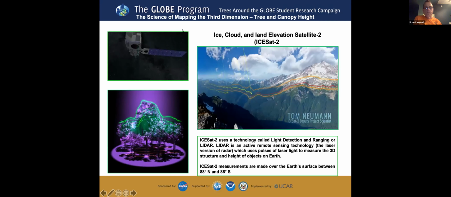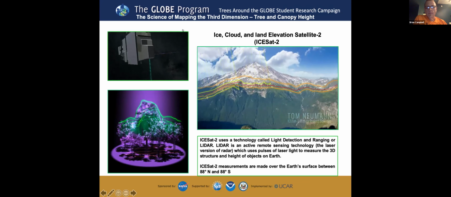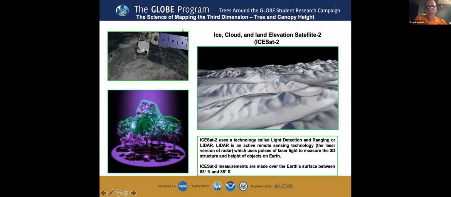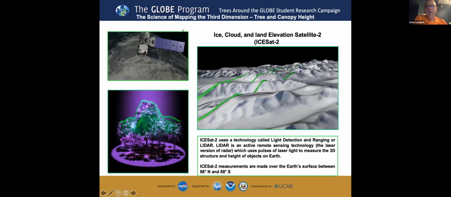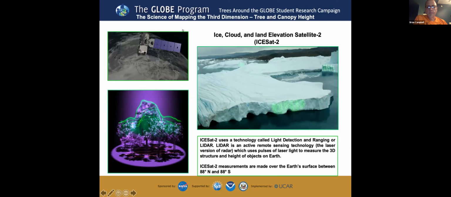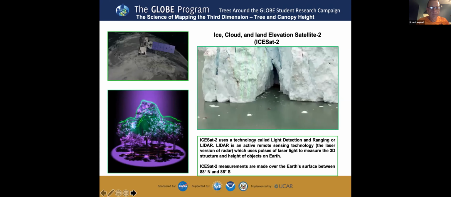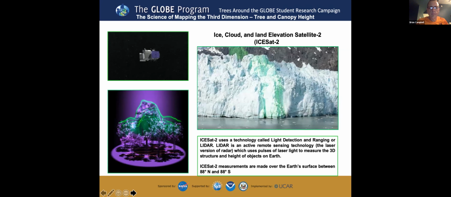Repeating measurements from ICESat-2 will allow us to measure changes in the ice sheets, in the ocean, or on land. ICESat-2 is designed to measure the changes that are going on in the cryosphere, in the polar regions. All the change is at the edges. Those are the steeply sloping parts of the glacier that interact with the ocean, and that's where all the action is. That's where all the mass is being lost. In order to estimate the mass changes, we need to know the height of things.